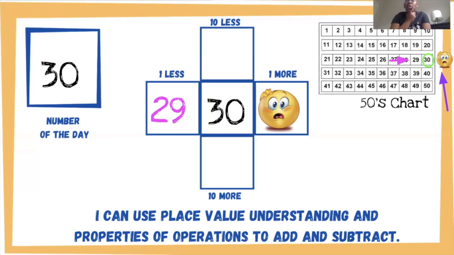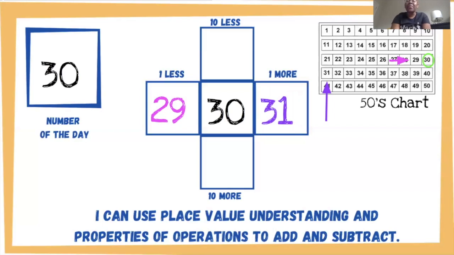So if we're at the end of the row, where do you think we're going to find the number that's one more? That's right. We have to go down to the next row. So what number is one more than 30? That's right. It's the number 31.